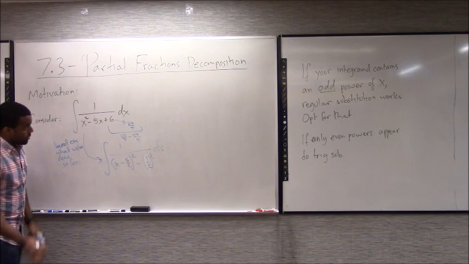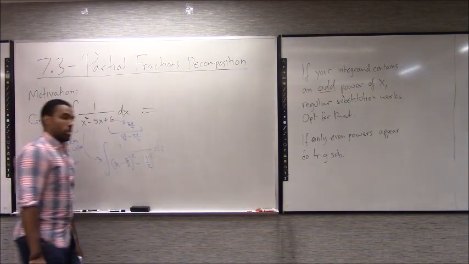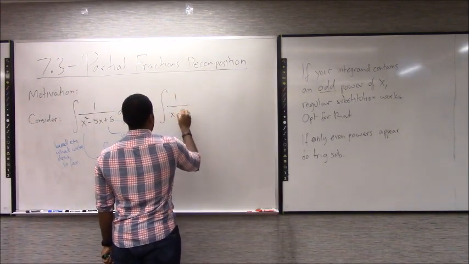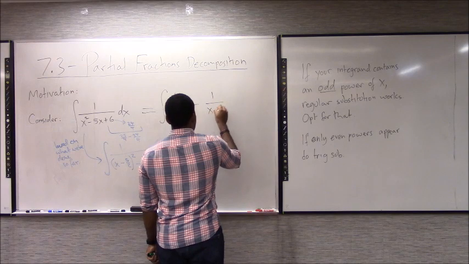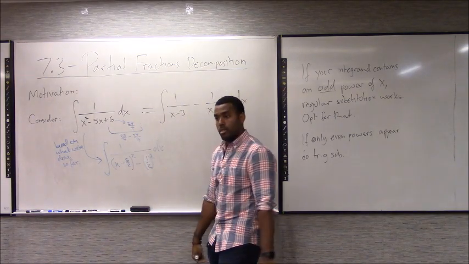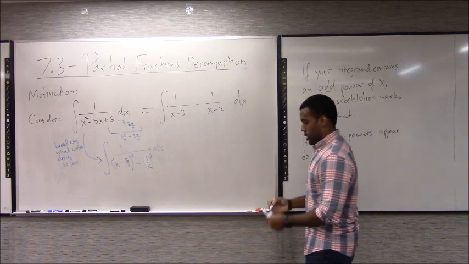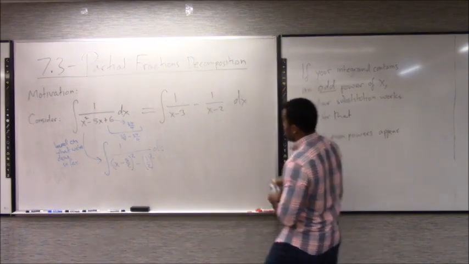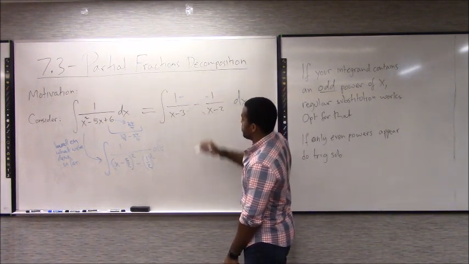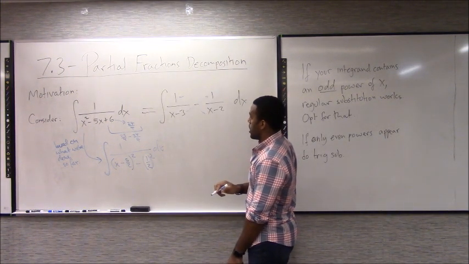However, check this out. Let's look at this integral another way. Turns out that this is equal to that. Right? Now, if you don't believe me, you can actually do the rules. x minus 2 minus x plus 3, that gives you 1 in the top.